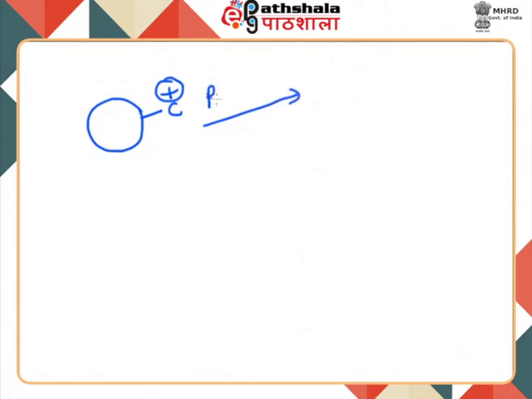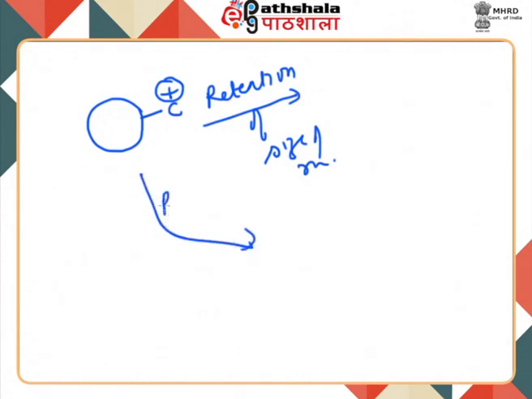Either you have retention of the size of the ring, or you can have the ring expansion. Where the ring expansion will happen and where retention will happen will depend upon the stability.